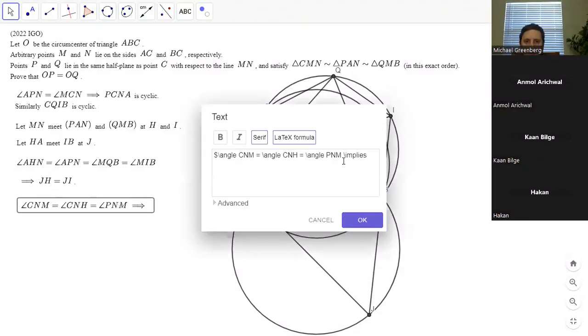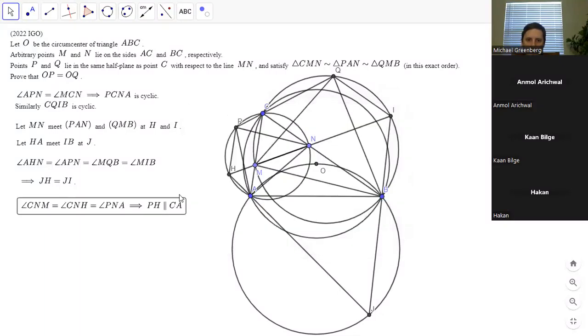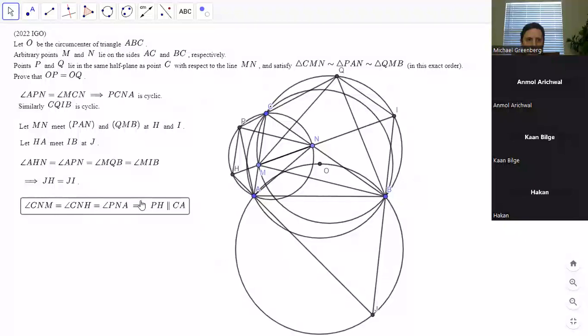So PH is parallel to CA. And then similarly, QI is parallel to CB.